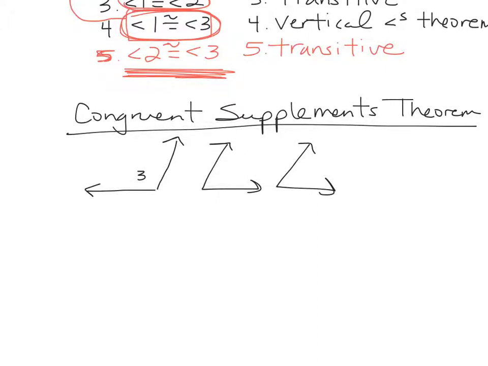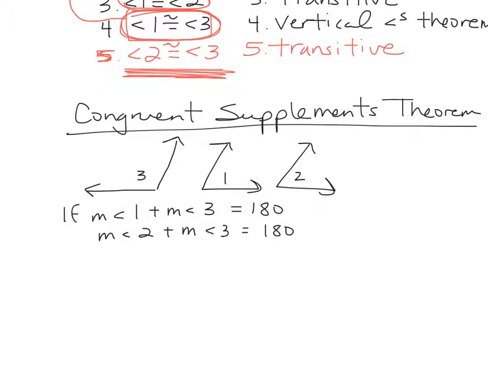So if this is 3 and this is 1 and this is 2, the congruent supplements theorem says if the measure of angle 1 plus the measure of angle 3 equals 180, and the measure of angle 2 plus the measure of angle 3 equals 180, okay, if this stuff is true, then we can say the measure of angle 1 is equal to the measure of angle 2.